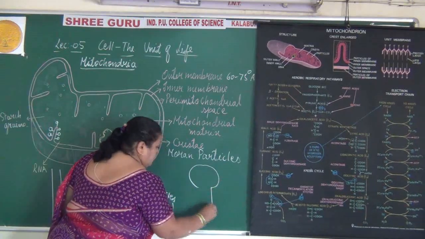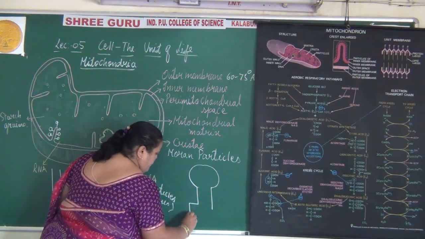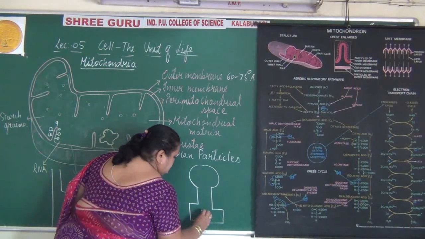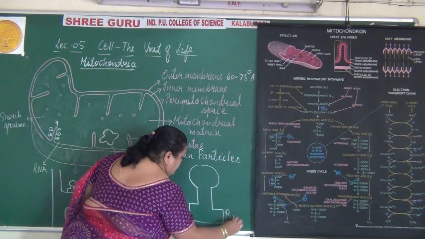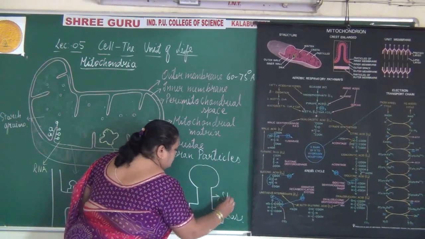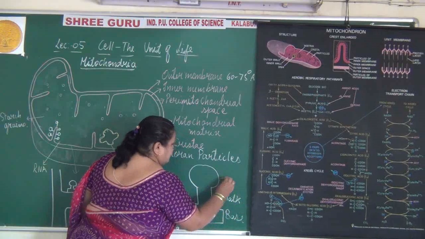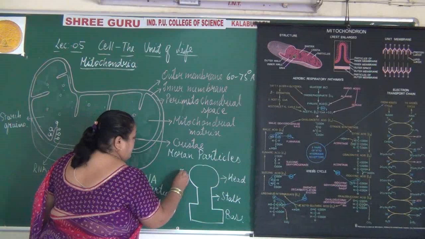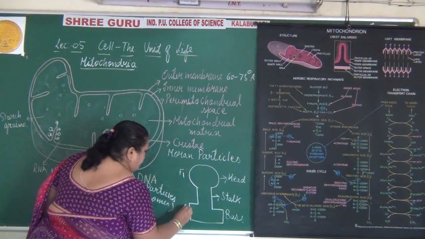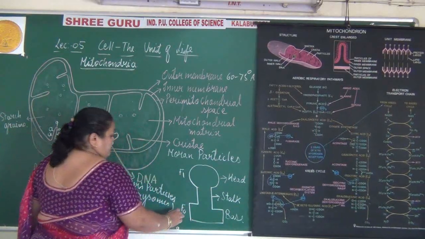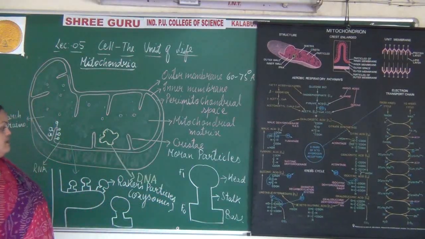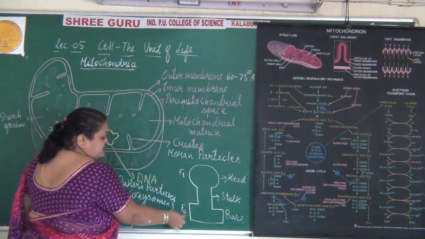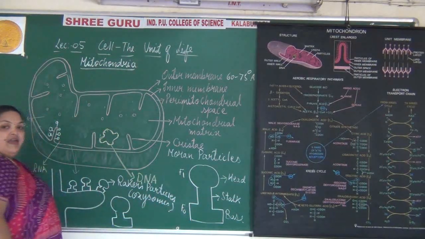Each oxysome has a base, stalk and head, with the base designated as F0 and the head as F1.